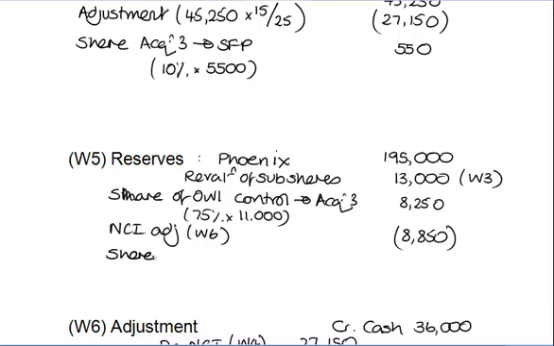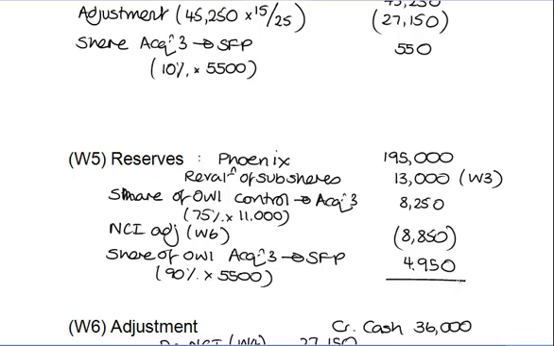So share of Owl between acquisition 3 to the SFP date, this is 90% of 5,500, 4,950. 2, 1, 2, 3, 5, 0 is our grand total for reserves.